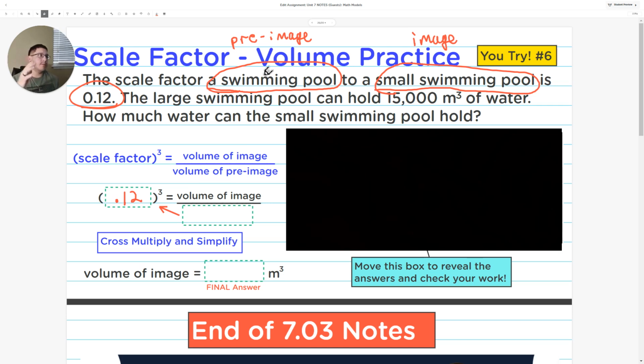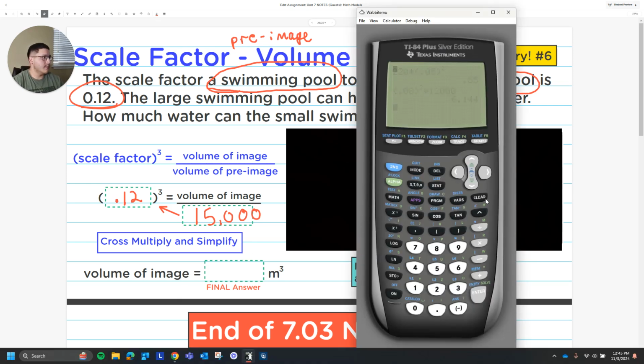Well, the large swimming pool is the pre-image, so that's going to go at the bottom right here. Now we just need to cross multiply to get our answer for the small swimming pool. 0.12 cubed times 15,000, which is 25.92.